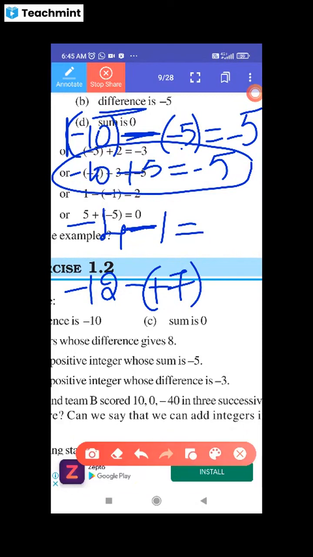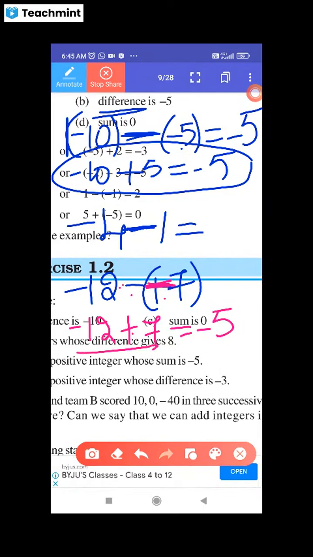Minus 12 here. Minus into plus means minus. Minus 12 minus 7 means what is the answer? Here you must write minus 7. Minus into minus becomes plus, so it is equal to minus 5. Little bit changes. Understood, Harivardhan? Minus into minus is plus. No, different sign means you have to subtract. Isn't it? 12 minus 7 means 5. The bigger number has the minus sign in front, so you must put it here. That's it.